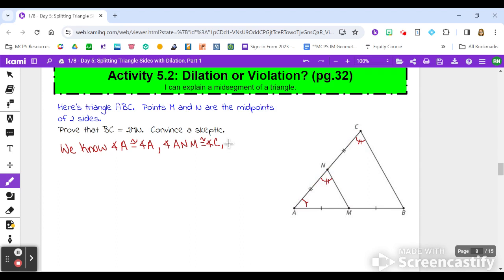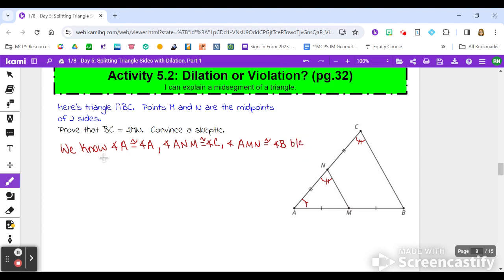And we also know that angle AMN is congruent to angle B. We know this because we've performed a dilation. We've proven that we've formed a dilation.